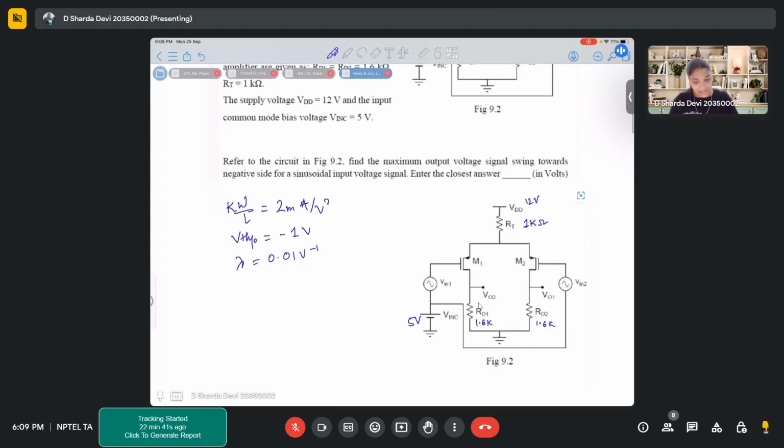Now for this particular circuit, find the maximum output voltage swing towards the negative side of the sinusoid.